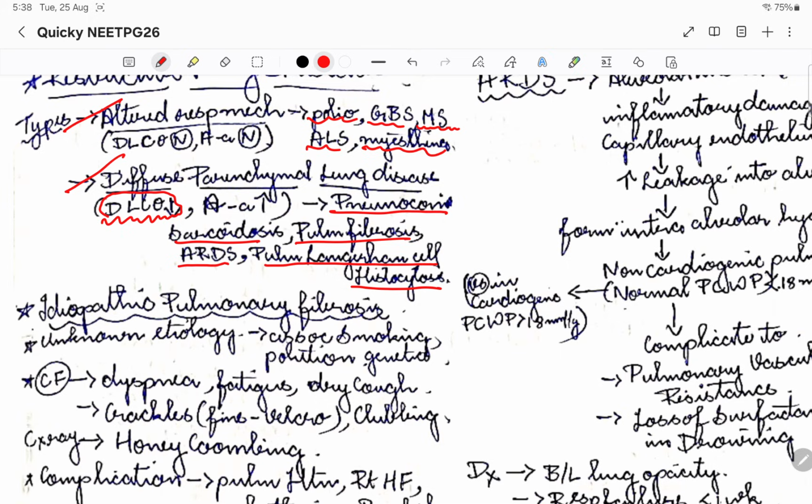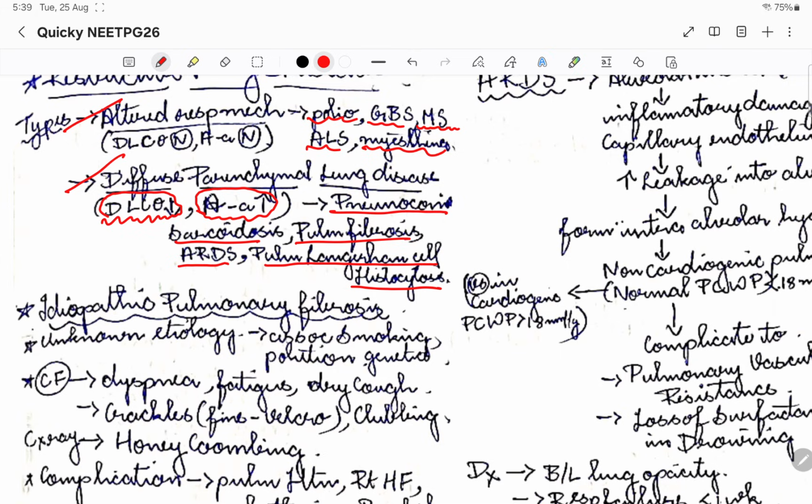Here the DLCO will be affected and the A-a gradient will be increased. The reason why the A-a gradient is increased is because the ventilation is normal, whereas the arterial conduction or the diffusion capacity is altered. So that is why there is reduced oxygen in the artery. Okay, so in the pulmonary veins, the oxygen levels will be low.